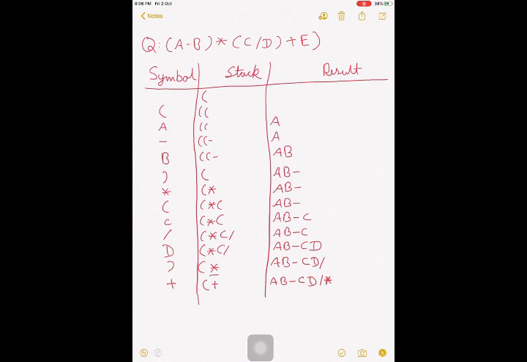Okay. So at the end we have the second last symbol E, and the current position of the stack is this. E will move to the result only. So we get this, and then the symbol that we had pushed deliberately, the closing bracket.